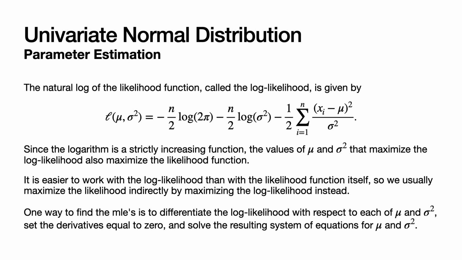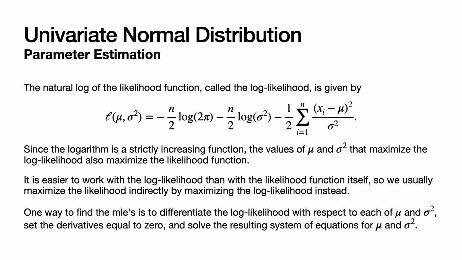We denote it by lowercase l, evaluated again at mu and sigma squared, and it's equal to negative n over 2 times the natural log of 2 times pi minus n over 2 times the natural log of sigma squared minus 1/2 times the sum, i goes from 1 to n, of x sub i minus mu quantity squared divided by sigma squared.